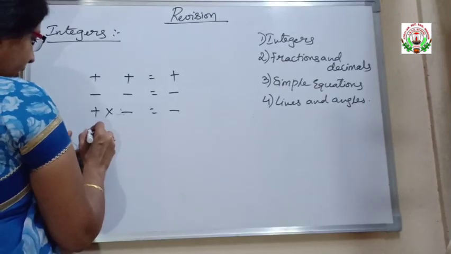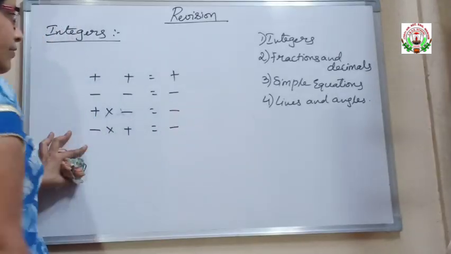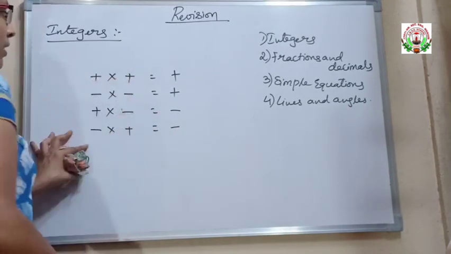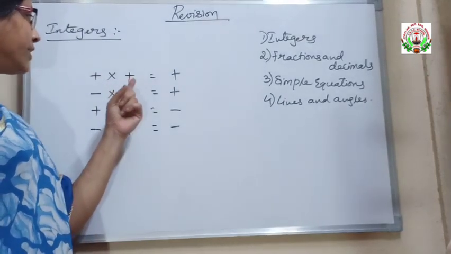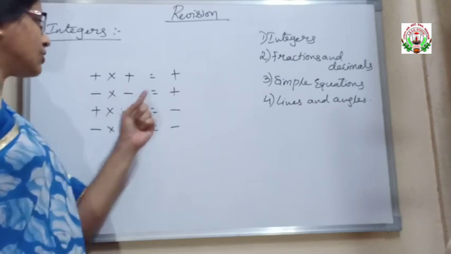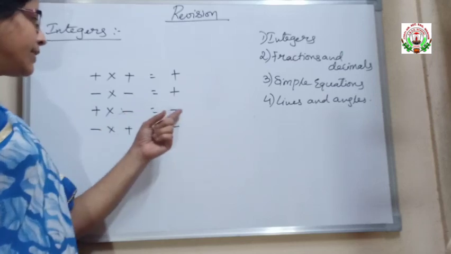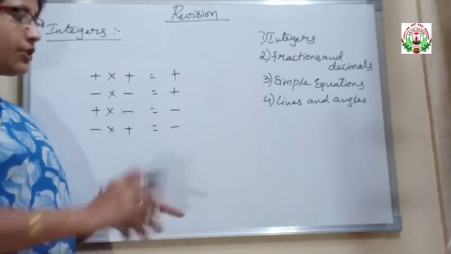When we multiply a negative integer with a positive integer, we are going to get a negative integer. When you multiply two positive integers, we are going to get a positive integer. When you multiply two negative integers, you are going to get a positive integer, and positive into negative, or negative into positive, we are going to get a negative integer.